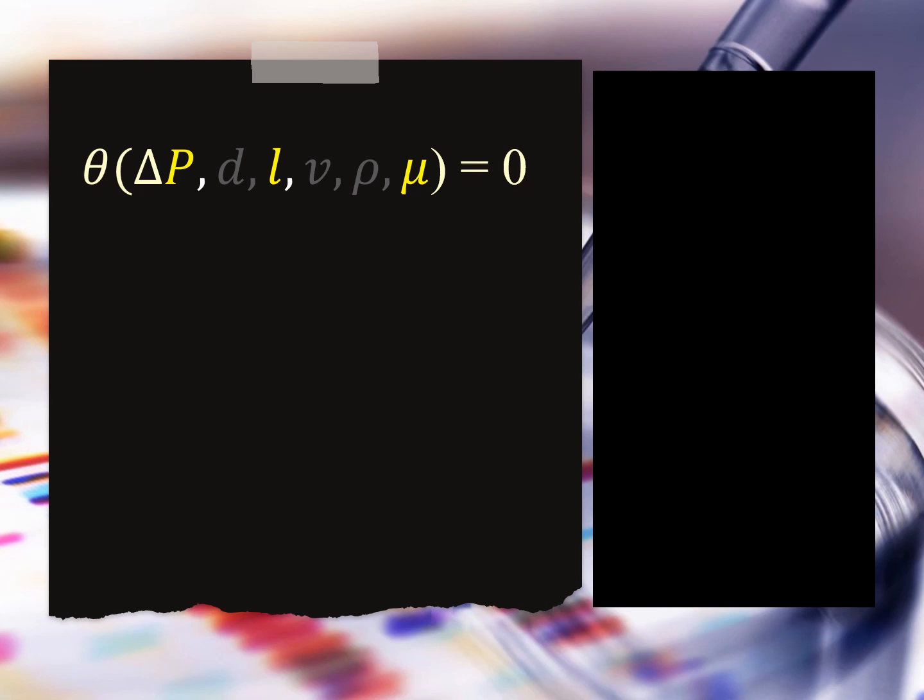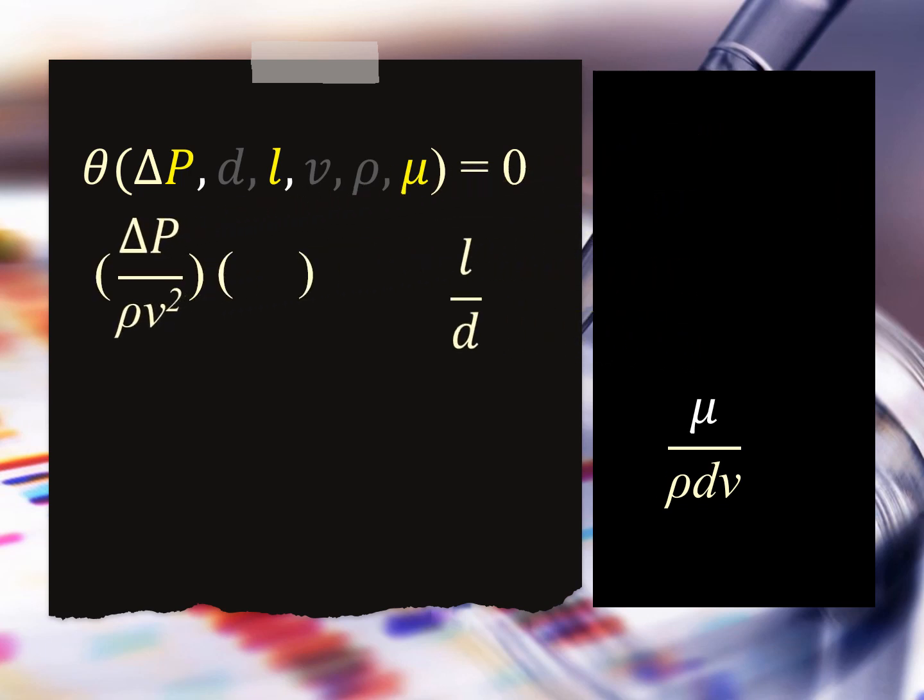Now, we have already determined the mathematical expression of the dimensionless groups for change of P, L, and then also for mu. We can now substitute. The result, of course, is a function of the change of P over density V squared, and l over D, and a mu over density D V equals 0.